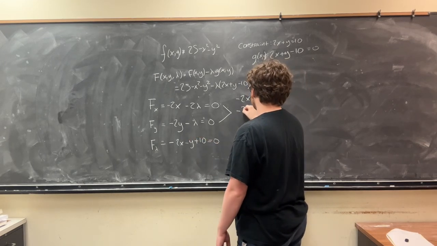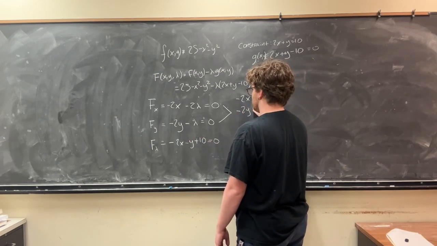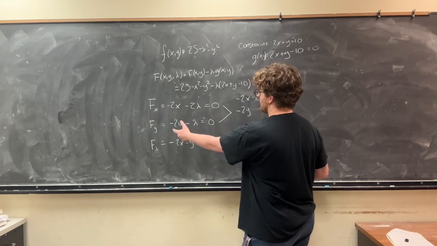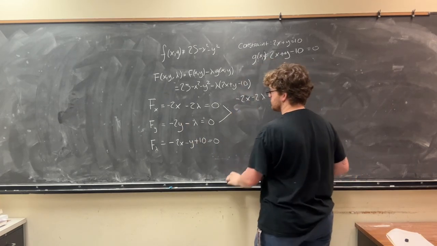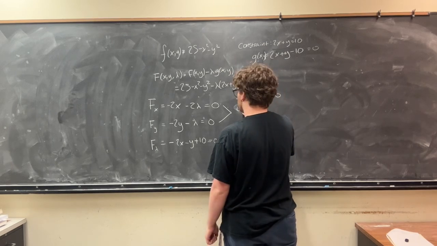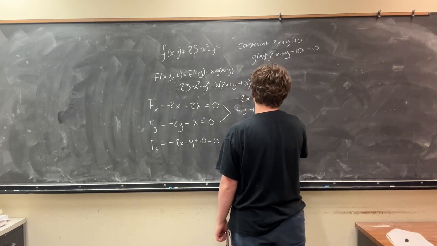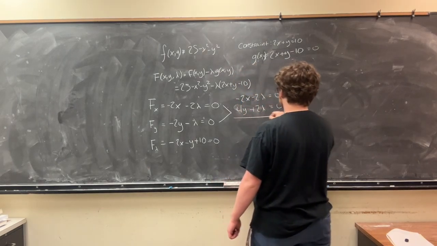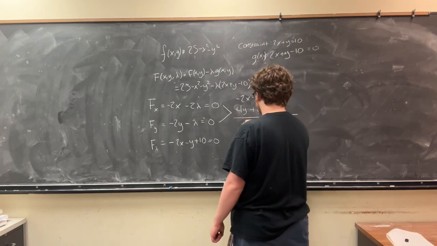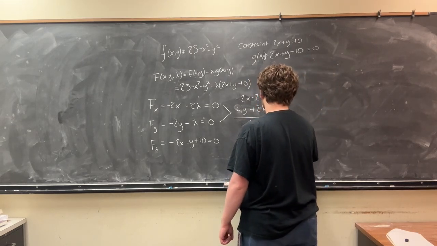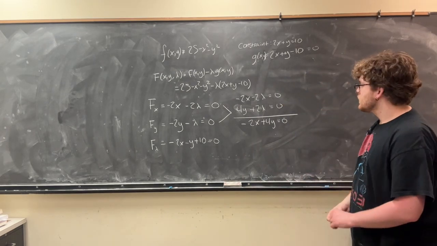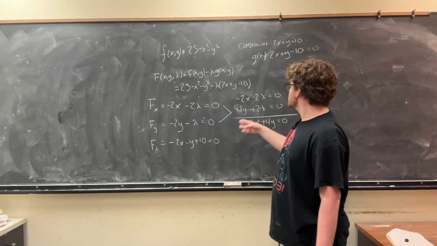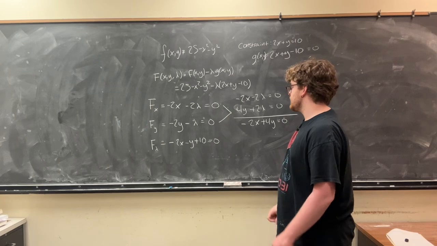Multiplied by negative 2, I get minus 2y becomes 4y plus 2 lambda equals 0, so that when I add them together, they cancel. The lambdas cancel, and I get minus 2x plus 4y equals 0. So all I've done is solve this system such that I cancel out lambda.